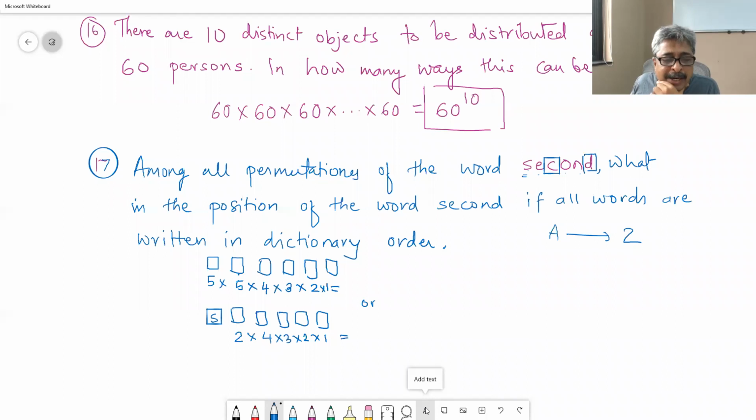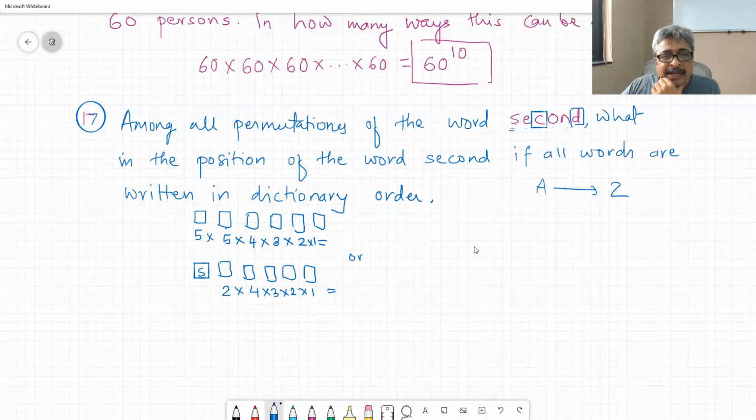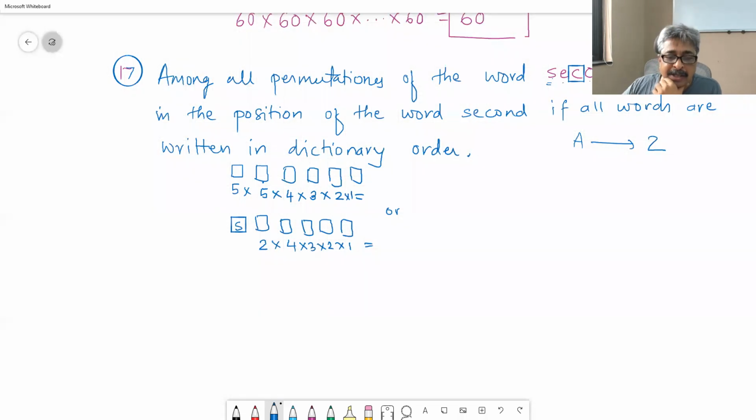This has to be added. Then now we have S and E in place, and we are left with 4 letters.